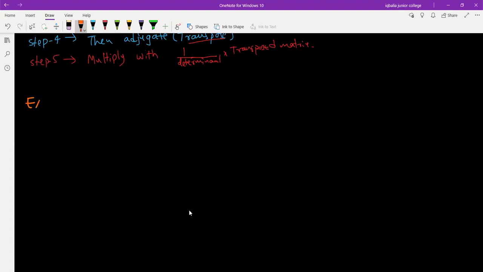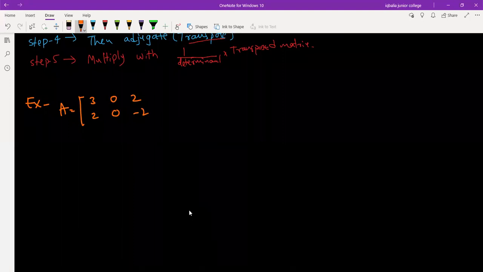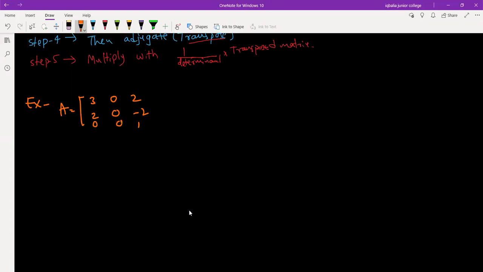Okay. So here the example is, if A is equal to 3, 0, 2, 2, 0, minus 2, 0, 1, 1. So here I have a matrix. Okay.